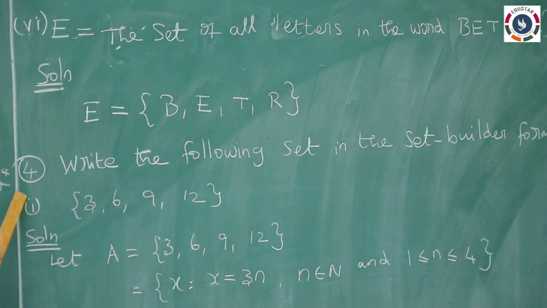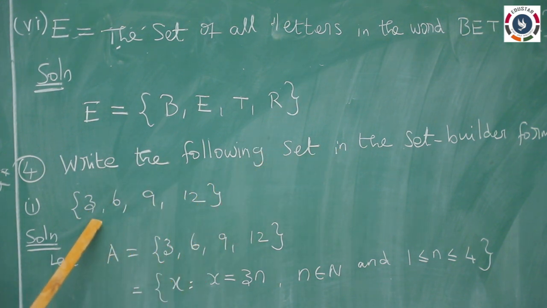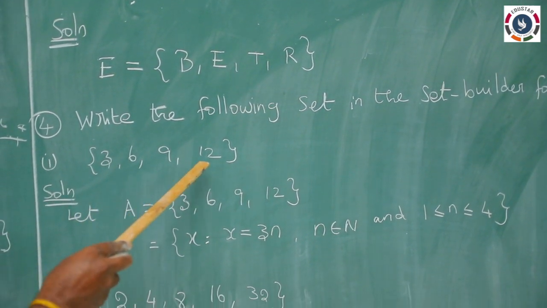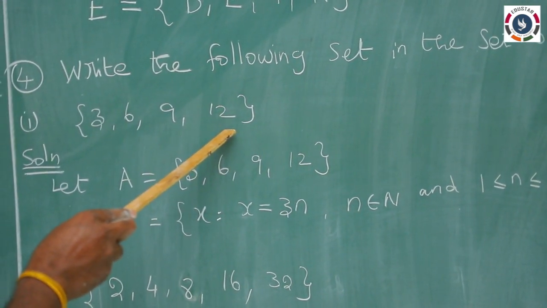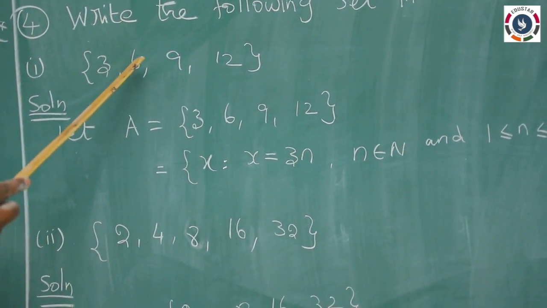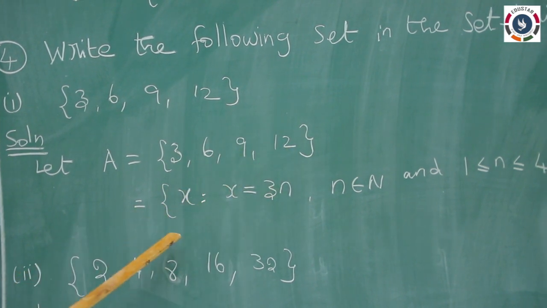So, next problem, write the following sets in the set builder form. The given problems are in the form of roster. So, this problem, 3, 6, 9, 12, can be written in set builder form. Let A equal to {3, 6, 9, 12}.